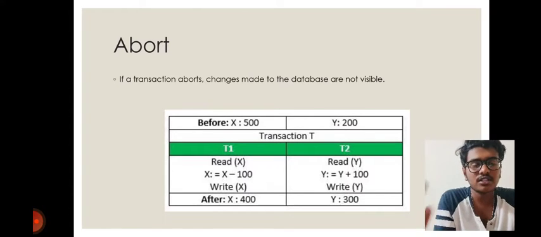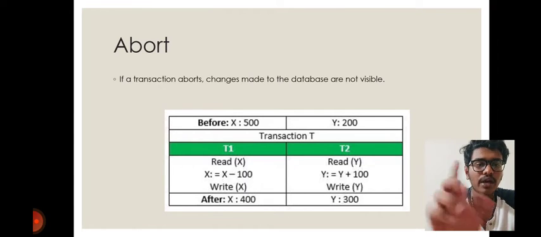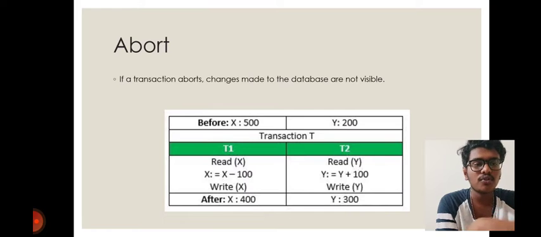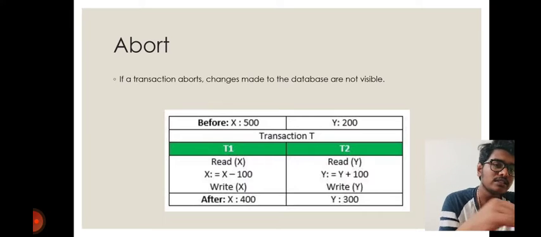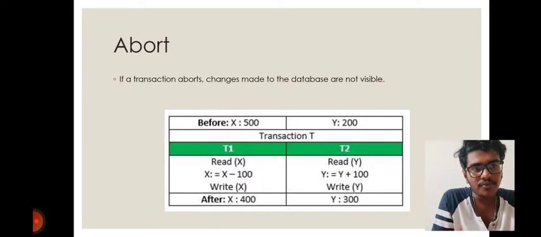Coming to the first transaction, we have to read X, X equals X minus 100, write X. So after the transaction we get X equals 400. Before the transaction it's 500 minus 100, that is 400. Coming to transaction T2, read Y, Y equals Y plus 100.